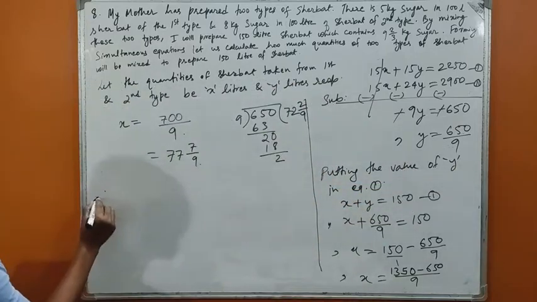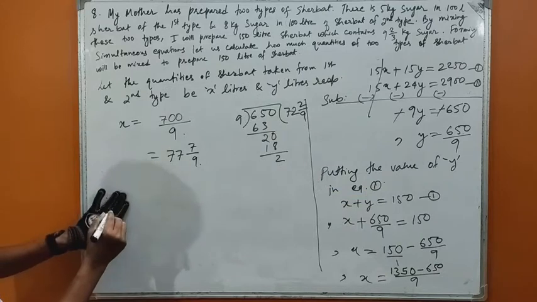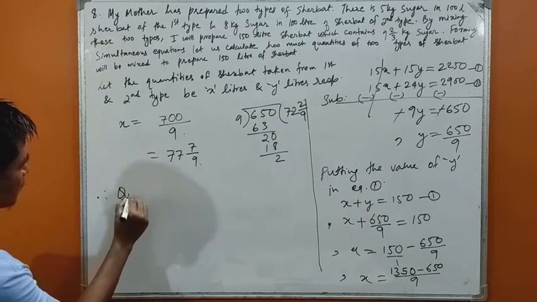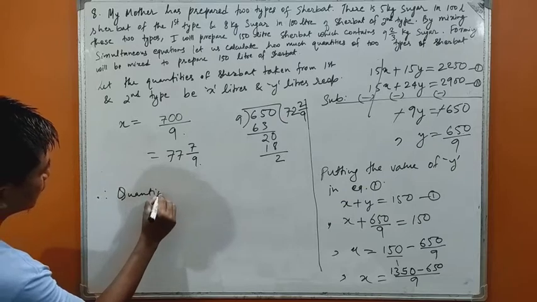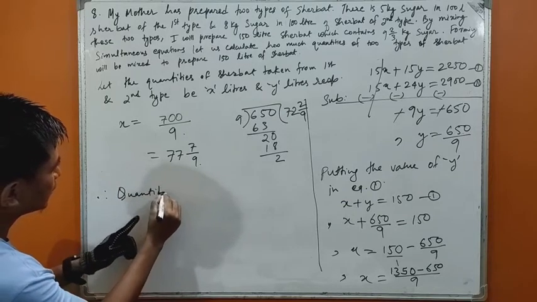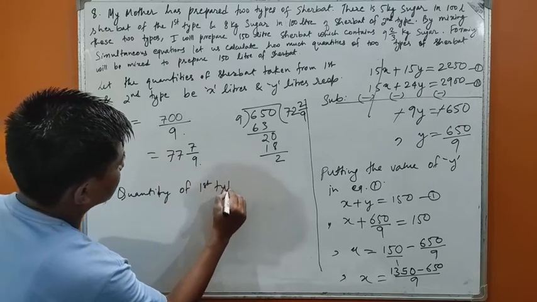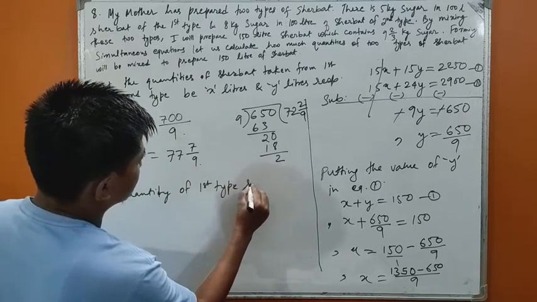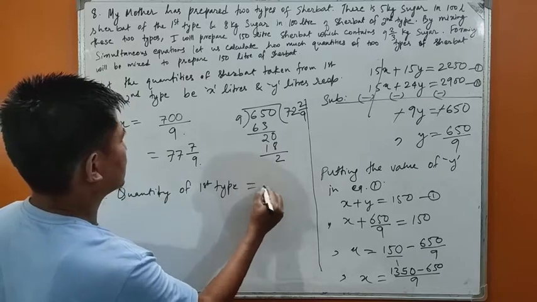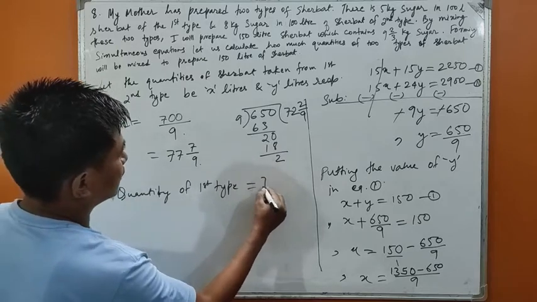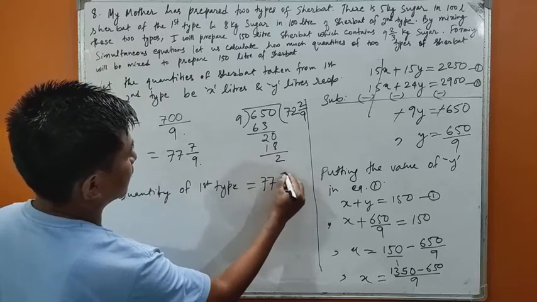Therefore, quantity of first type sarbat taken equals 77 whole, 7 upon 9.